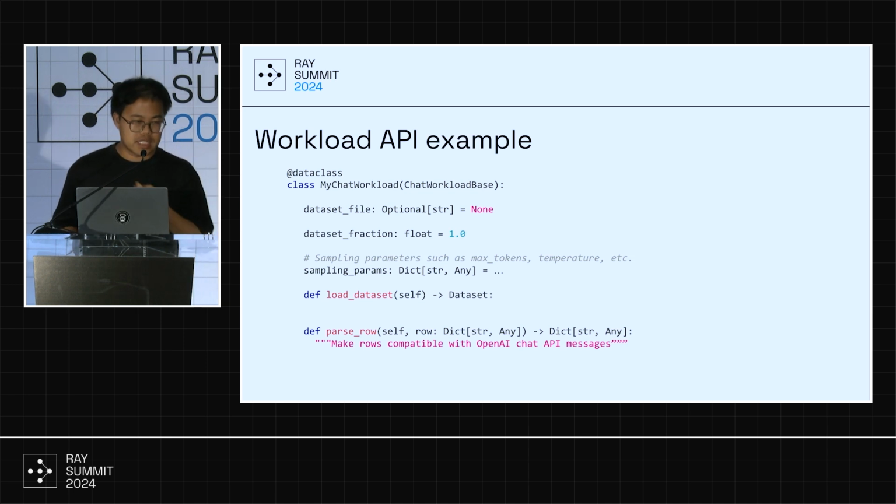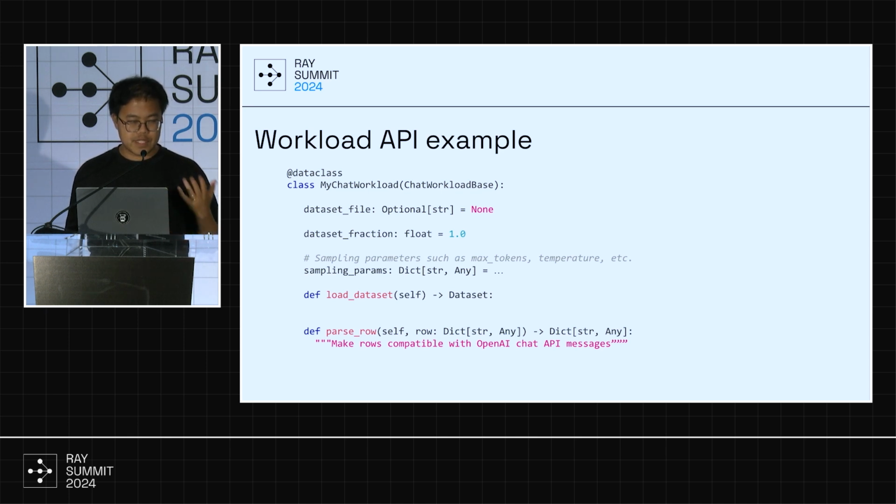It also lets you provide sampling parameters, where you can plug in things like temperature, max tokens, and so on. The abstraction also allows you to sample from a dataset, so that you can operate on a fraction of the dataset at once.